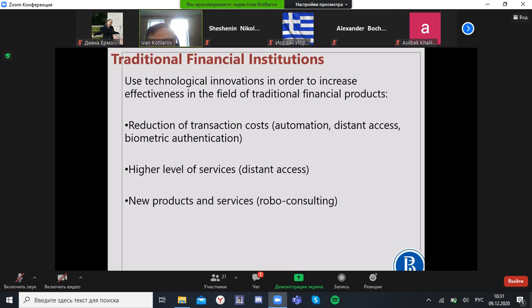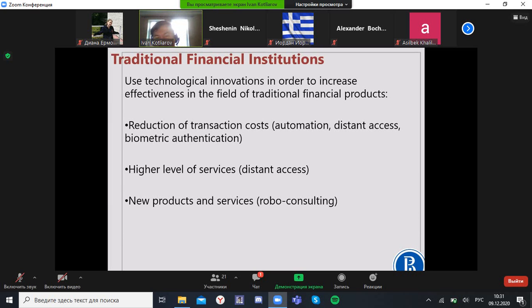And obviously, they want to offer new products and services, for example, robo consulting or robo advising. Guys, we have already discussed it. What is the goal of traditional financial institutions in the field of digital finance? Reduction of costs, higher level of services and customer comfort, and extension of product range.